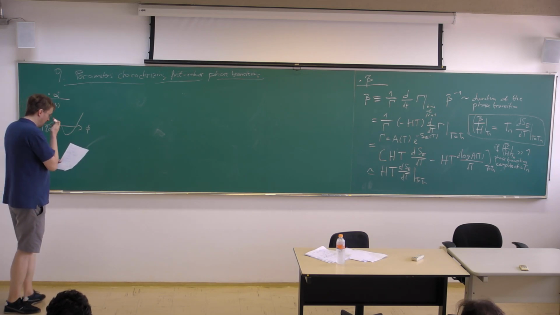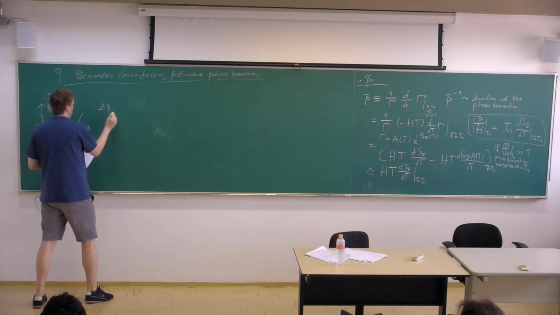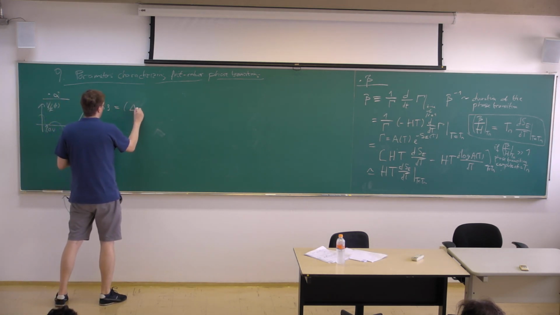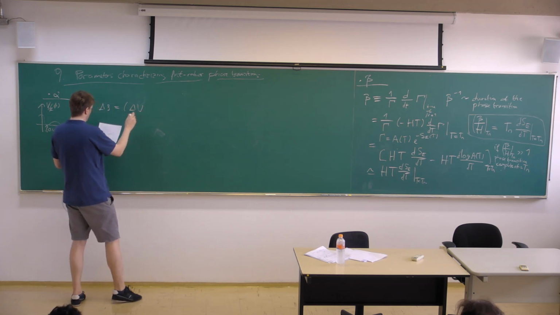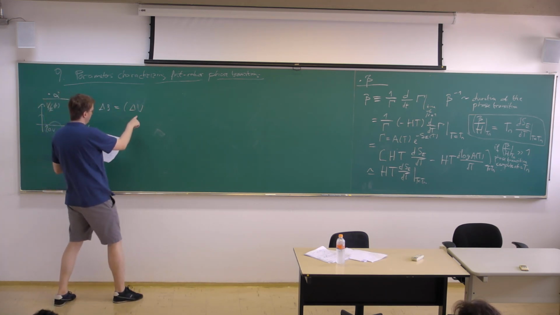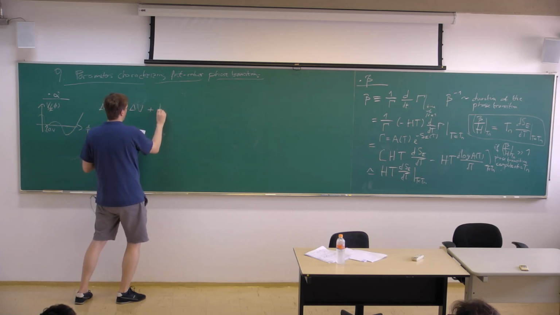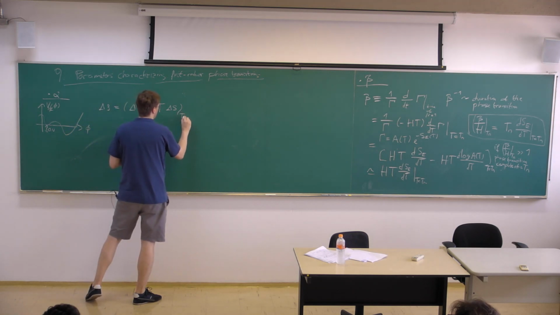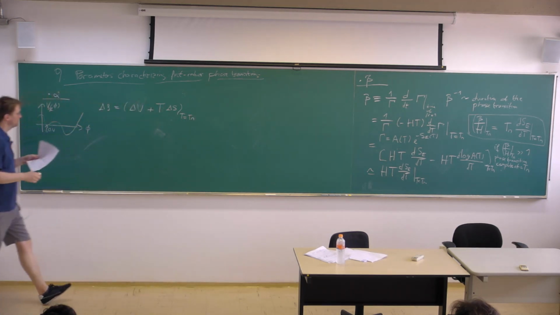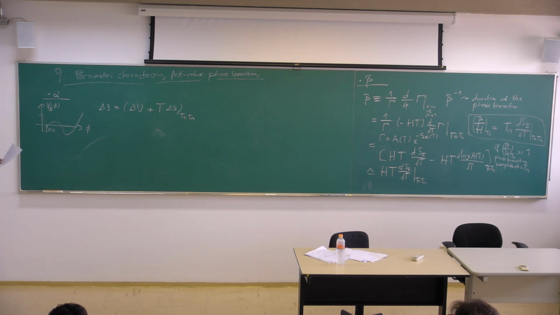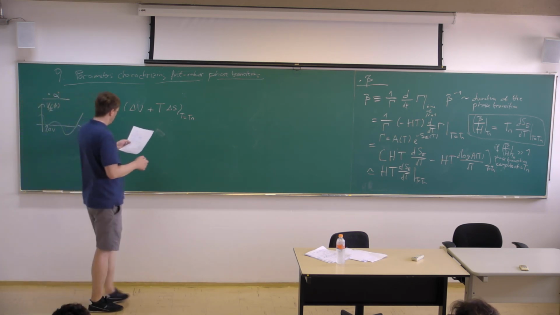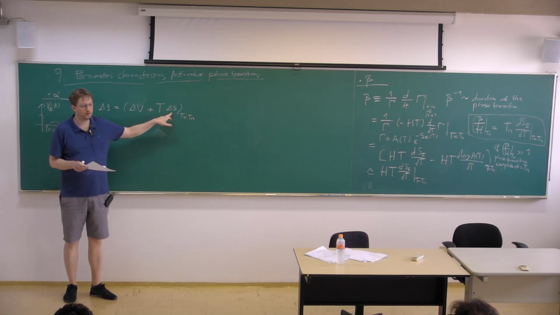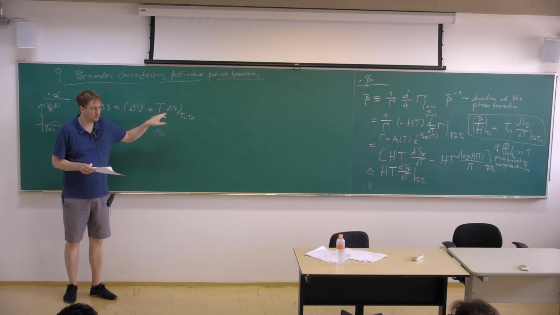Some basic formula from thermodynamics tells us that the energy density difference is the free energy difference plus temperature times the entropy difference. Again, everything is evaluated at the nucleation temperature because that's where the phase transition takes place. The entropy is obtained by the derivative of the free energy with respect to the temperature.